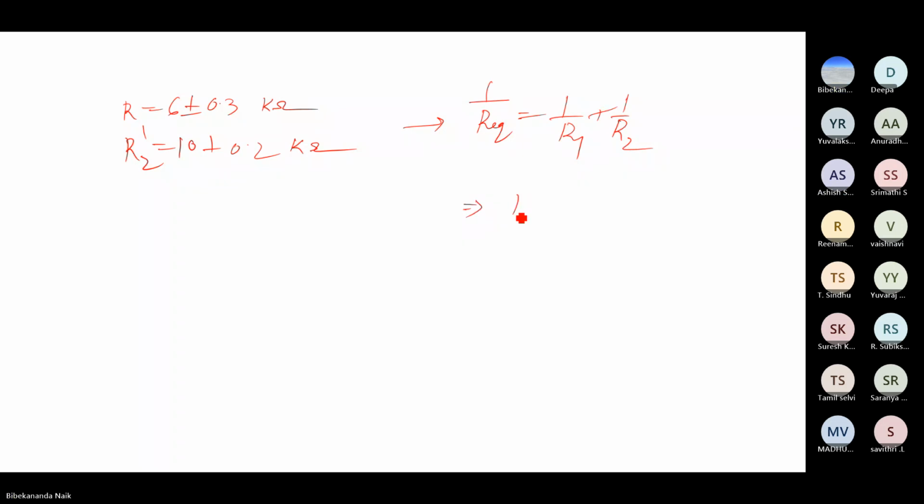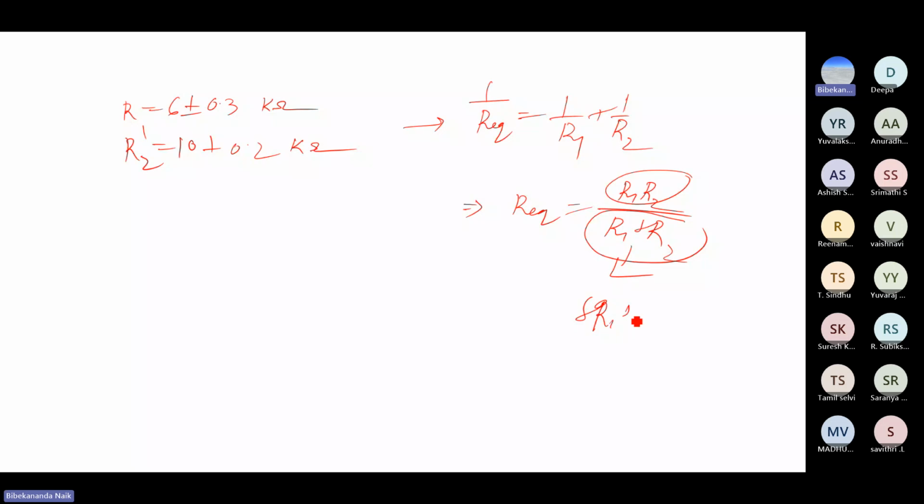So now R equivalent will be R1 R2 divided by R1 plus R2. These are two quantities, one is a product and one is an addition.